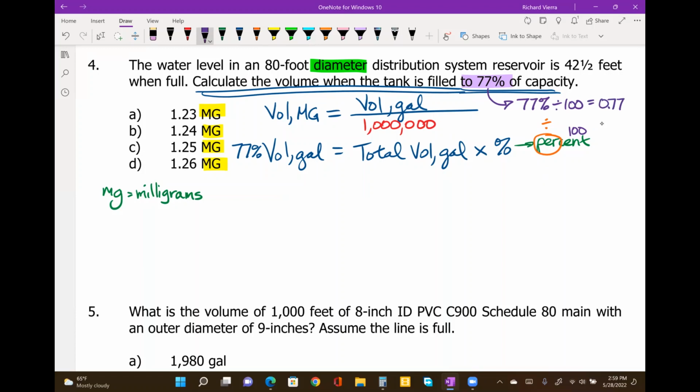So we're always going to convert that percent number into decimal form by dividing by 100. And then if we're taking a percent of the total amount, like we are in this case, we multiply times that decimal form of the percentage. All right, so let's go ahead and set up our volume calculation first, though, as a total amount.